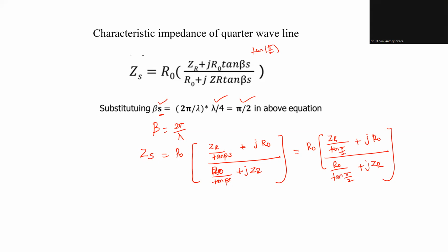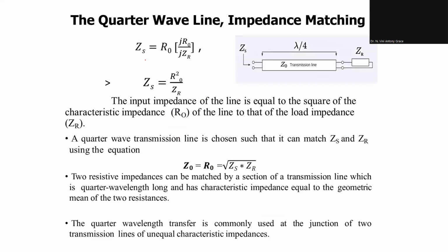So the first term in both the numerator and the denominator will become 0. So we will get ZS as R0 into J R0 divided by J ZR. J gets cancelled. So this becomes R0 square divided by ZR. So ZS is R0 square divided by ZR.